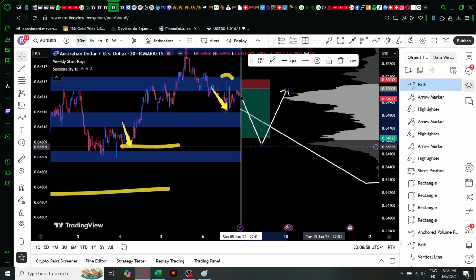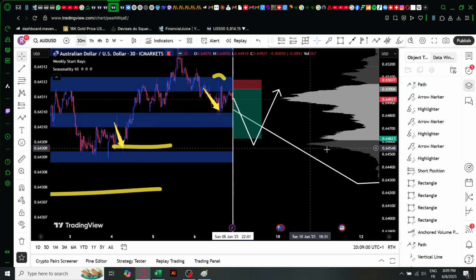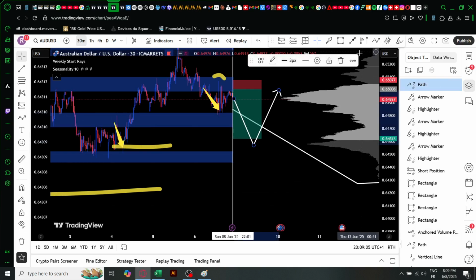But this is a very rare case where the point of control acts like support or resistance. Most of the time those heavy volume clusters, you can find liquidity even after a year. The market has a very long memory. So if we do not find it, which is very rare, then price can reject.